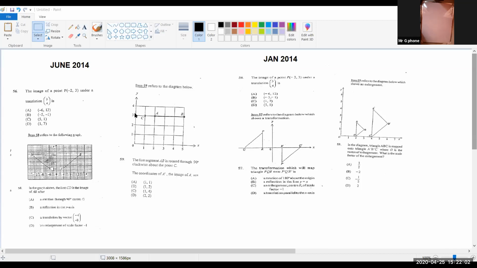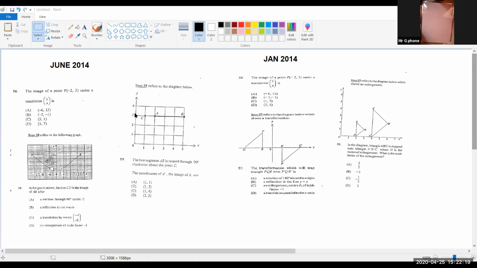So I get A for the first one. Okay. It's probably correct or probably wrong. 1 out of the 2. Which one do you think it is? Is it correct or wrong? Incorrect.